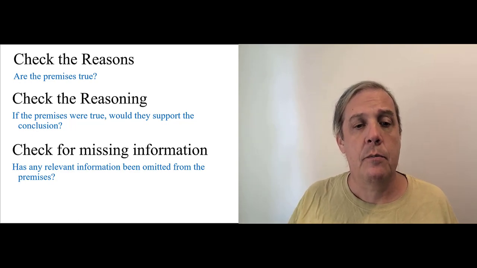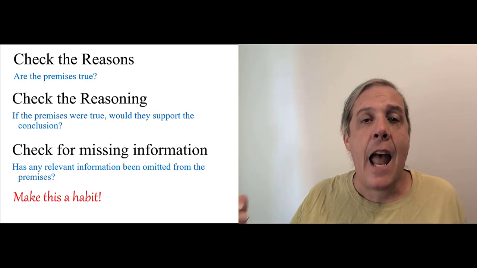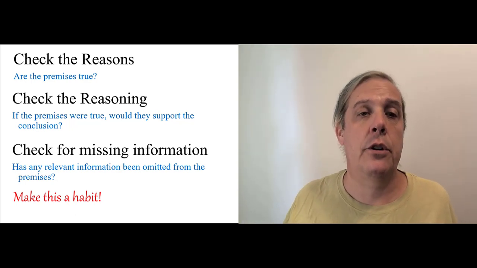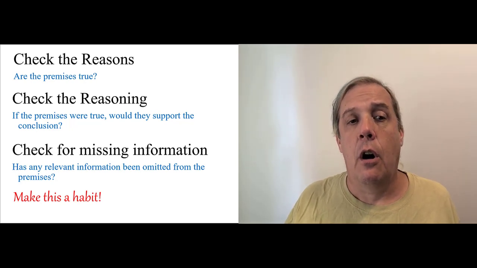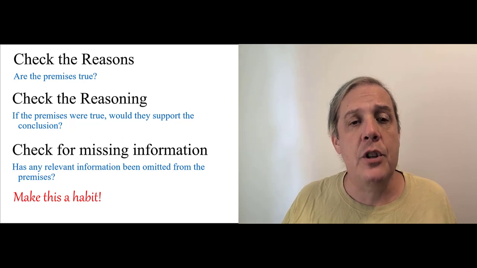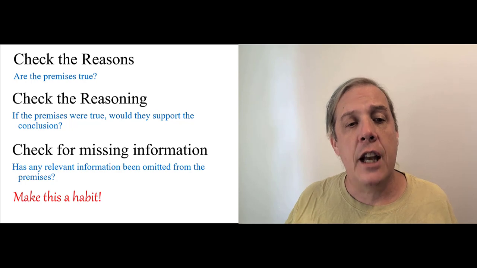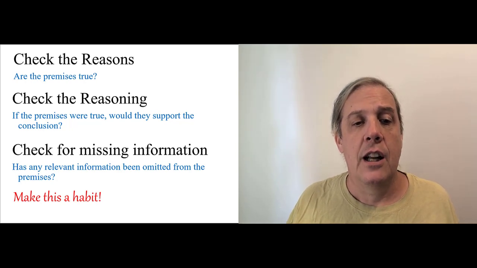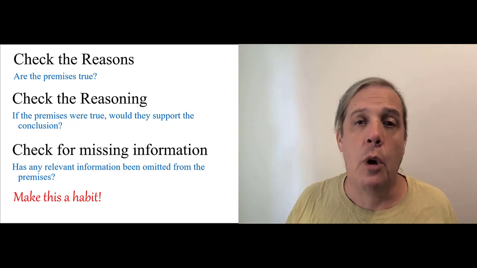So really, you just want to make this a habit. Whenever you encounter any argument, check the reasons. Are the premises true? Check the reasoning. If the premises were true, would they support the conclusion? Check for missing information. Has any relevant information been omitted from the premises? And you just want to always make this a habit.